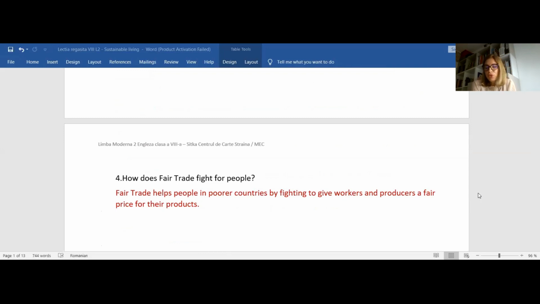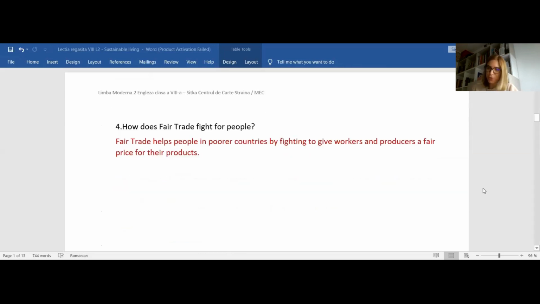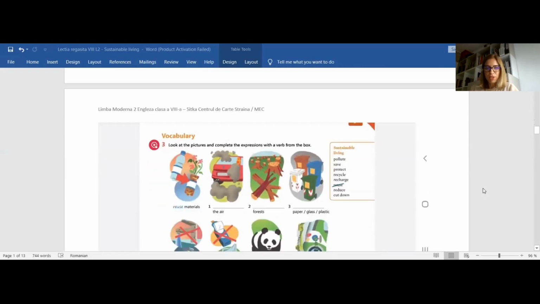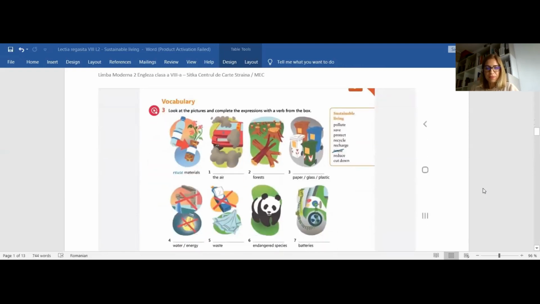Okay, now to insist a bit more on this concept of sustainable living, I have one last task for you. It's about a vocabulary exercise.